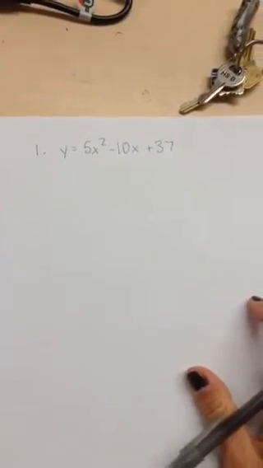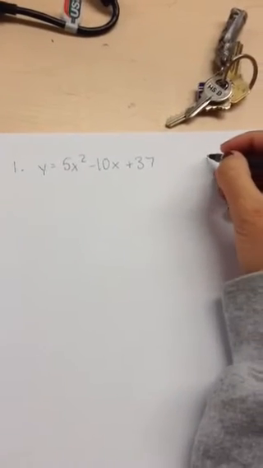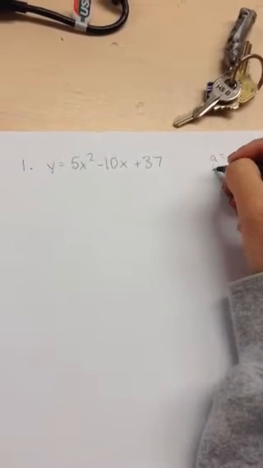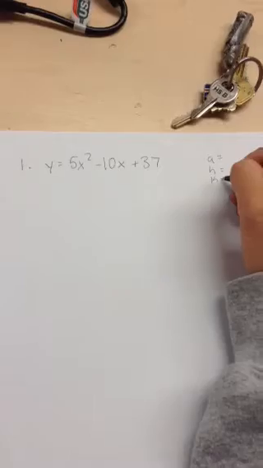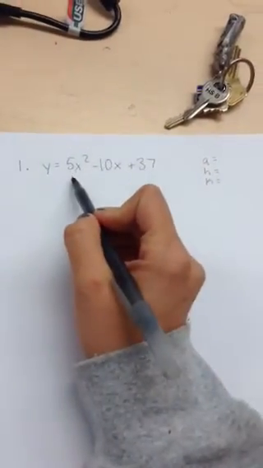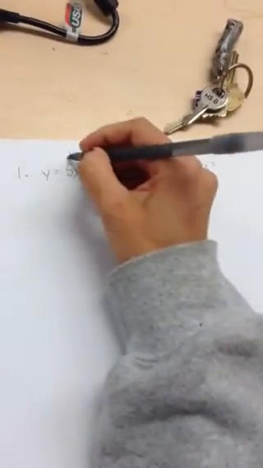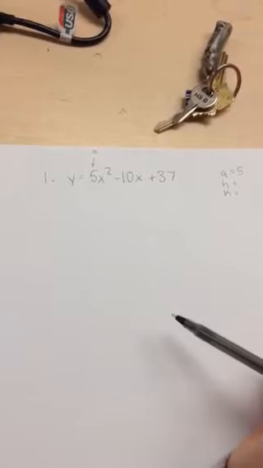Okay, so I'm looking for A, H, and K. So I know my A value is this 5. So A is the easiest to figure out there. It's always the coefficient in front of the x squared.